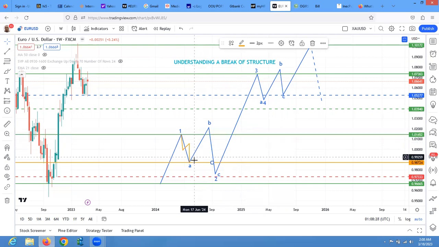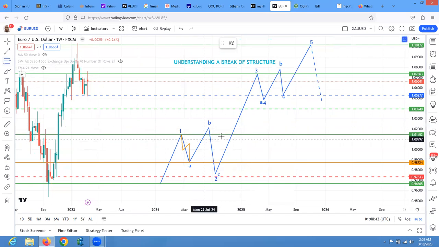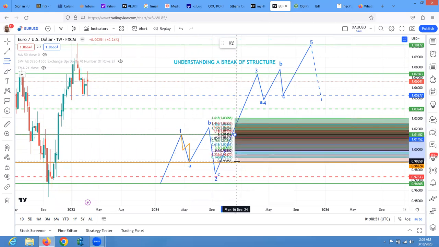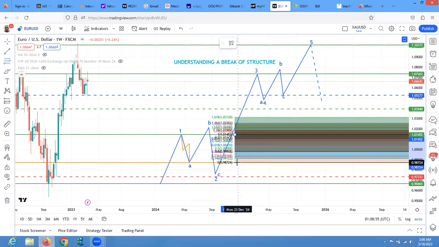At a retracement of more than 1.618. So what I mean is that this is the origin of A. This line here is the origin of A, and the A terminated here. What are the limits?